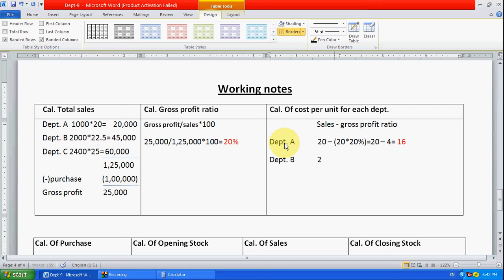So right here 22.5 minus bracket 22.5 into 20%. So we have to deduct 20% from 22.5.